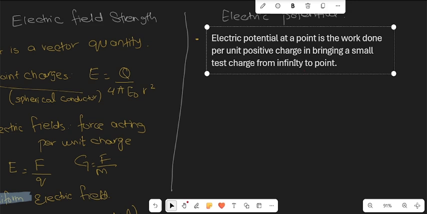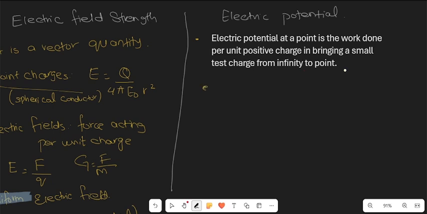And what is electric potential energy? For the electric potential, again a very similar formula: V equals Q over 4 pi E naught R. Do you remember V equals GM over R? Yes, that was what we had for this.